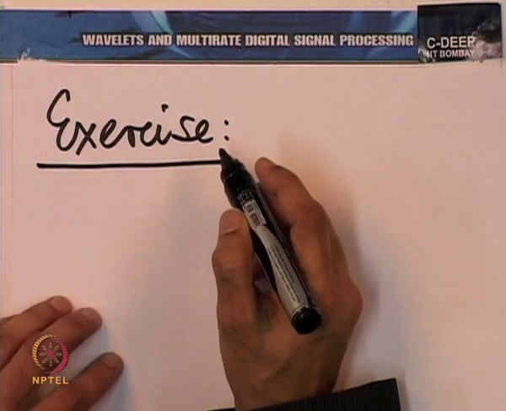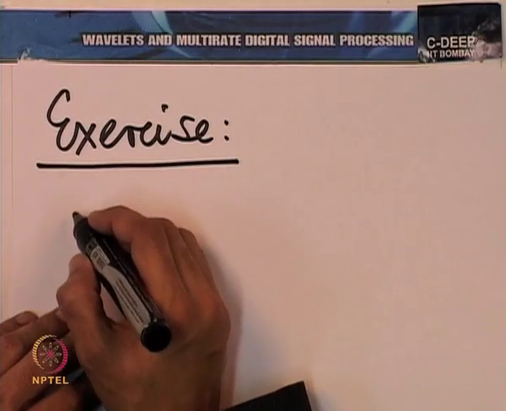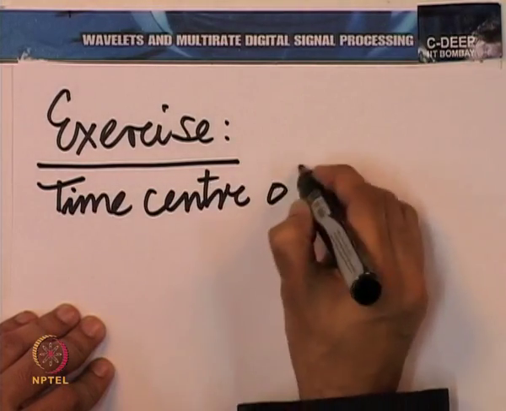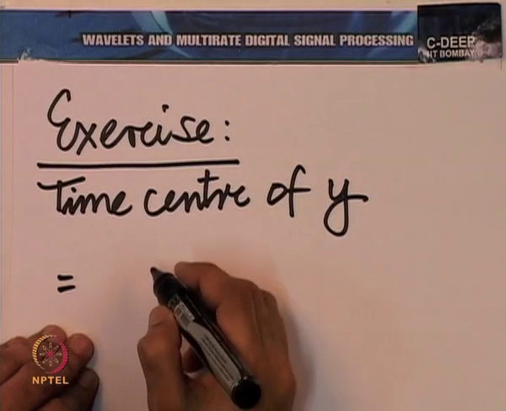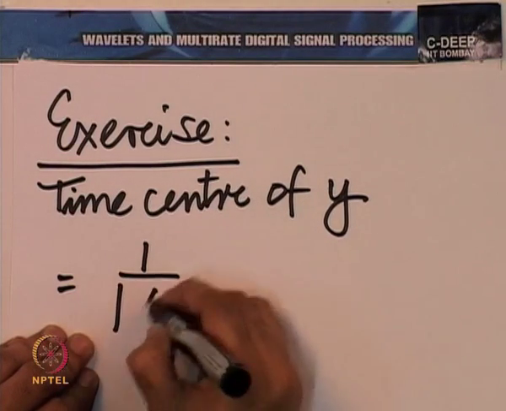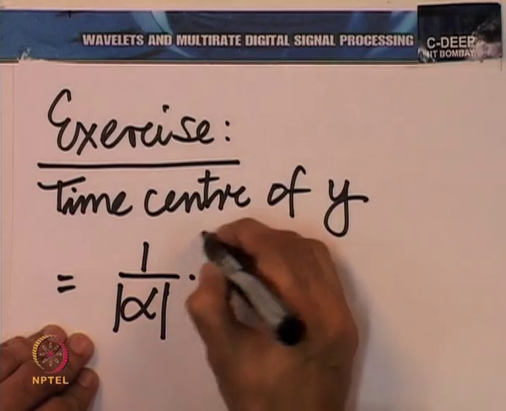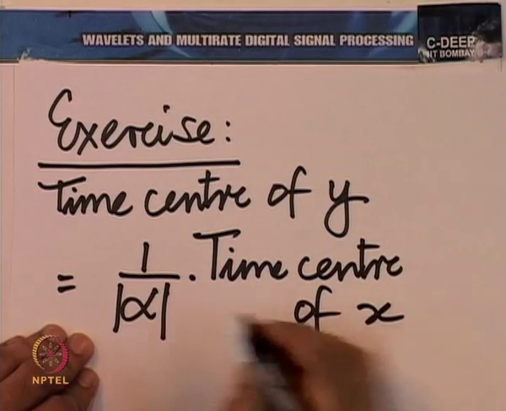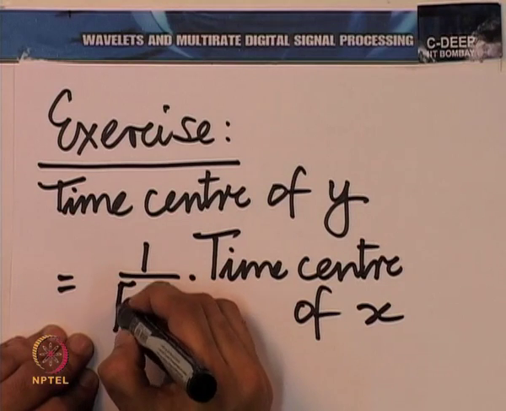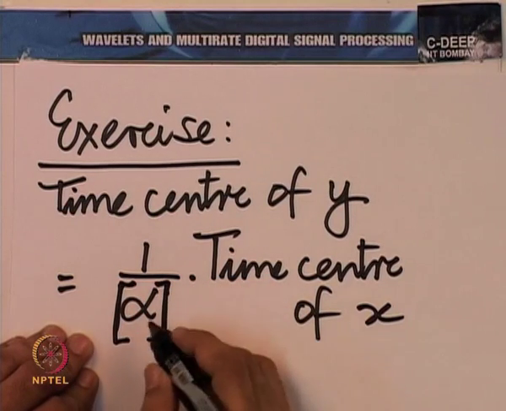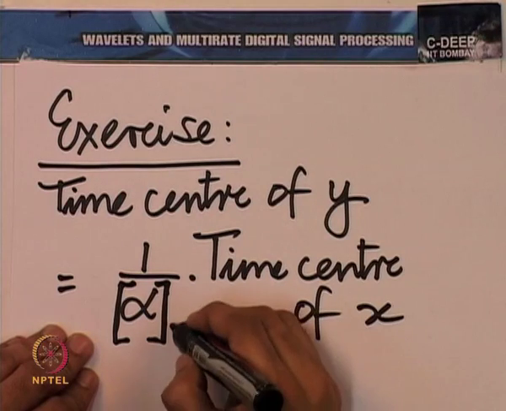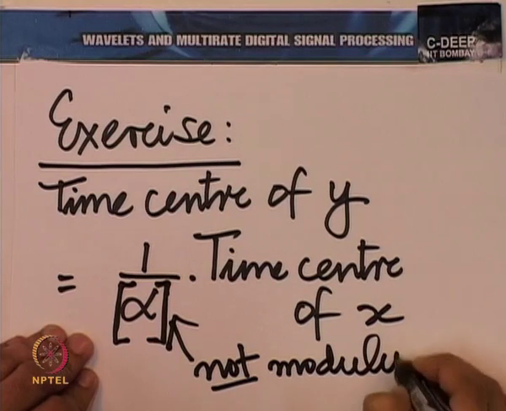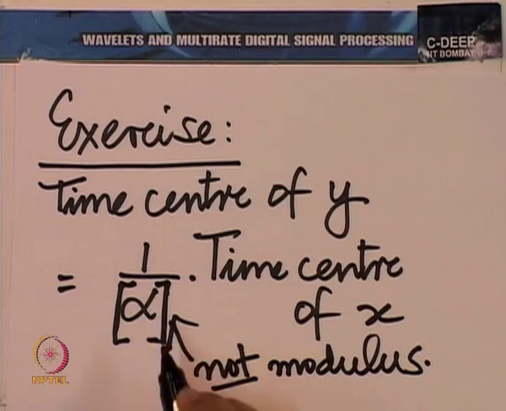It is very easy to show by making that substitution that the time center of y is equal to 1 by mod alpha times the time center of x. Actually, not mod alpha, I am sorry, it should be just 1 by alpha, because we must take into account the sign as well, not modulus. You must know where it is modulus and where it is not. Here it is not modulus.